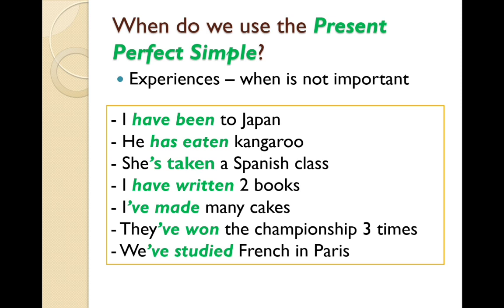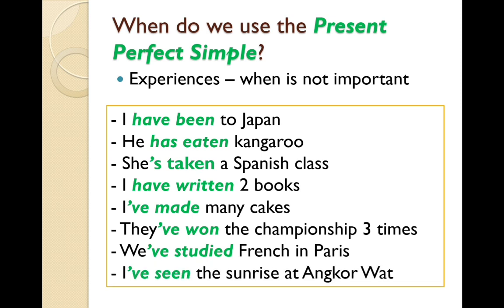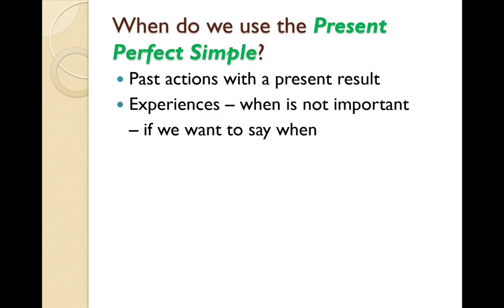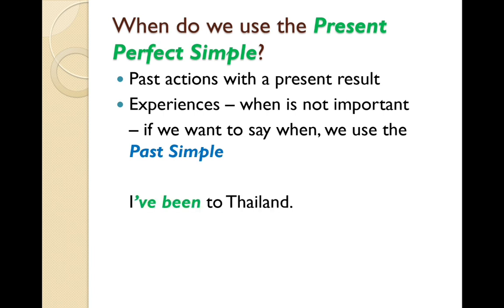We've studied French in Paris. I've seen the sunrise at Angkor Wat. If we want to say when the action happened, we use the past simple tense. I've been to Thailand. I went in 2005. And we'll see more examples of this later in the video.